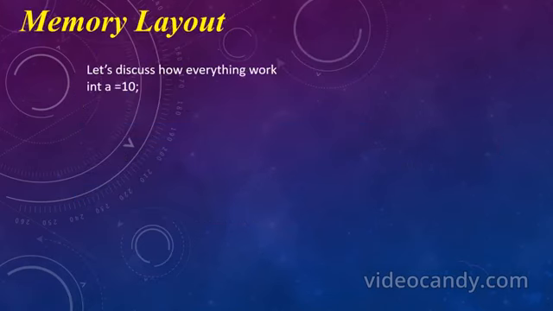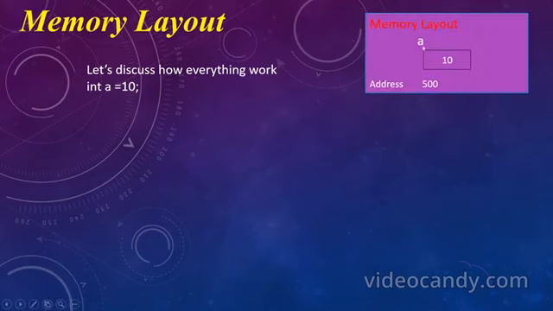Let's put it all together and discuss the memory layout so that it's more clear to you. As in the previous example, I am declaring variable int a is equal to 10. How will it be done in memory? In the memory layout, a variable a will be declared whose value will be 10 and address will be 500.